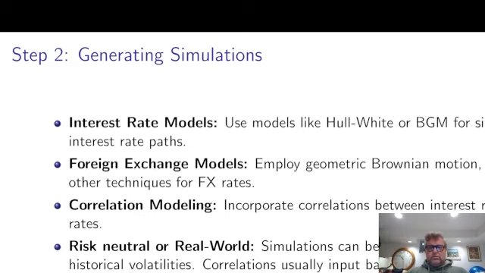So the easiest way to look at it is real world are volatilities and correlations, but mostly volatilities based on real world volatilities of observed market variables, and risk neutral need to use instruments that are traded in the market, and then you calibrate your volatilities to reprice these instruments to get risk neutral volatilities.